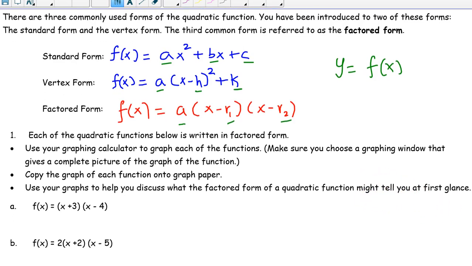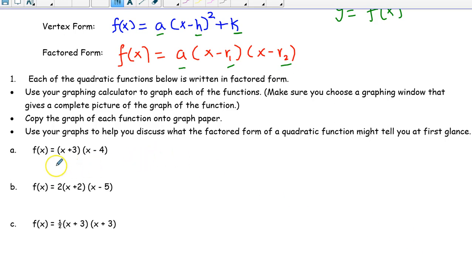The first problem is f of x is equal to x plus 3 times x minus 4. Our task is to draw the graph of this function using the graphing calculator, then also draw it on graph paper, and afterwards tell what information we understand from the graph of this function.